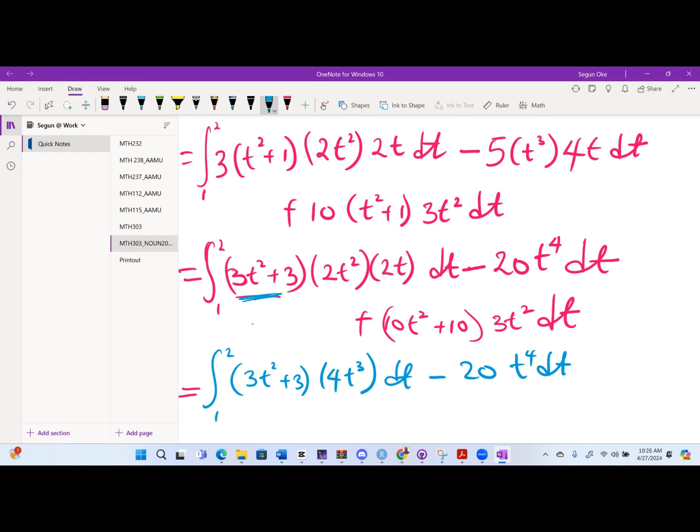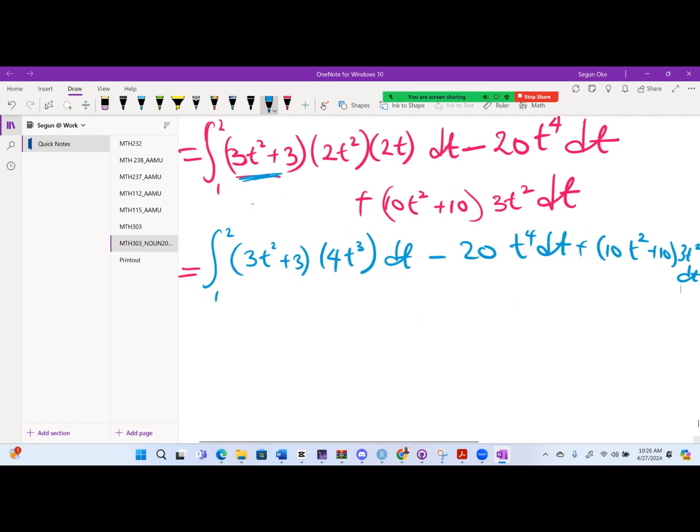But now let's bring this one in, otherwise we will just be moving up and down. If you expand it now, what do you have? 12t raised to power what? 6.